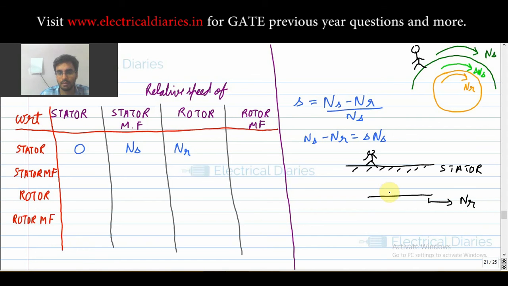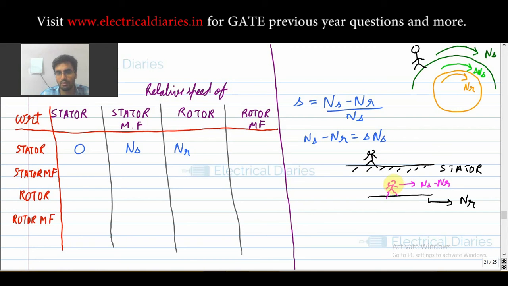Somebody is standing on it, and this person is moving with a speed of ns minus nr with respect to this platform. I am watching from the stationary one. So what will I observe?